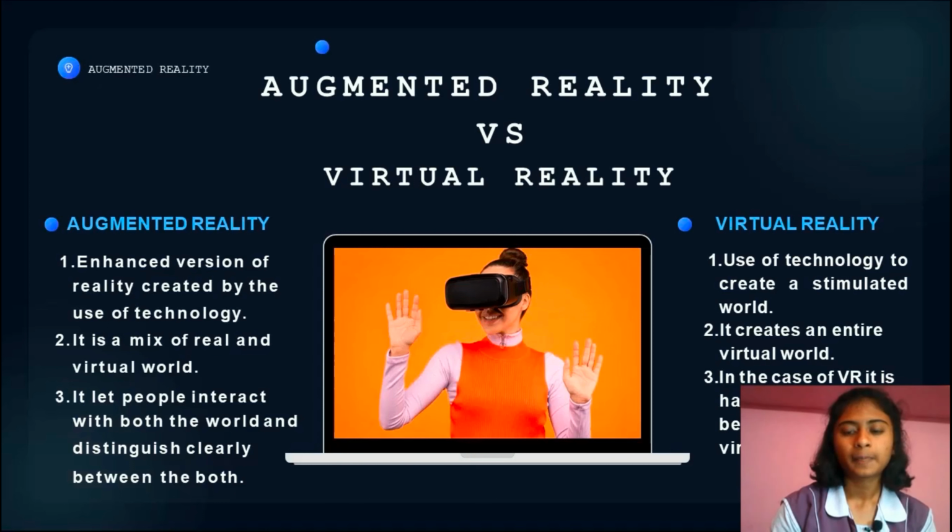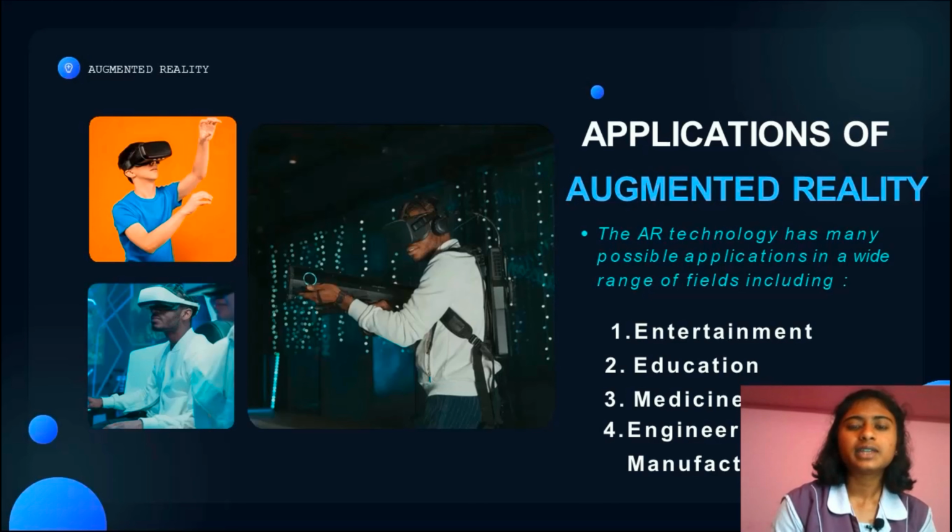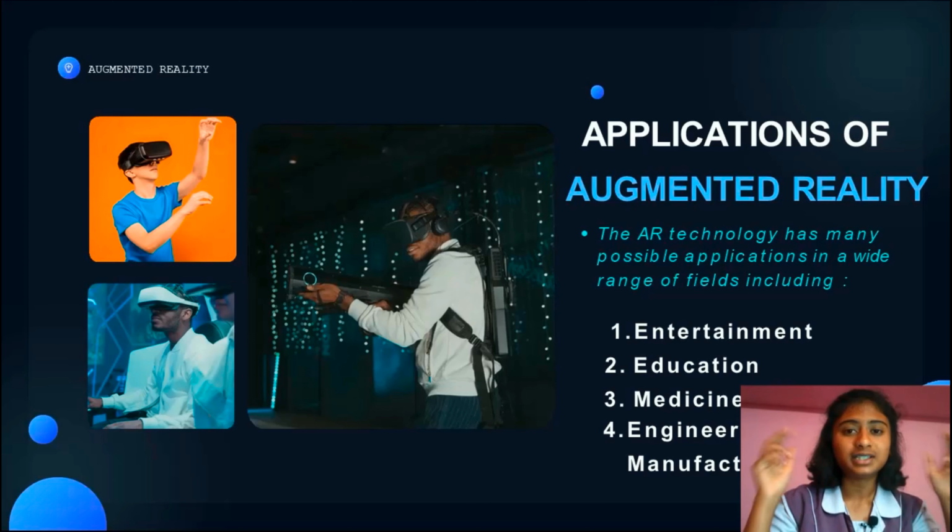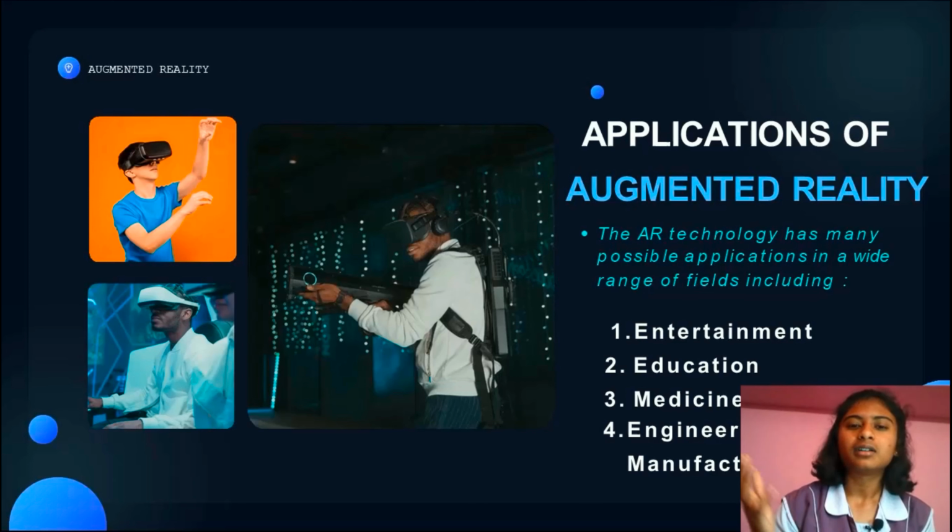And the next field would be medicine. If nurses who want to perform surgeries, or maybe take blood, are able to view the locations of veins prior to the procedure using augmented reality, it would be really helpful, right?